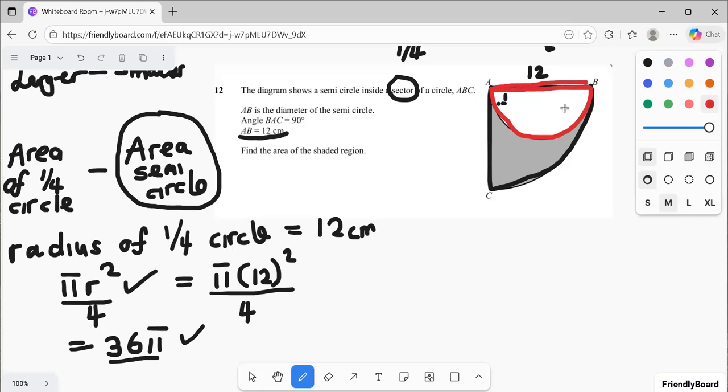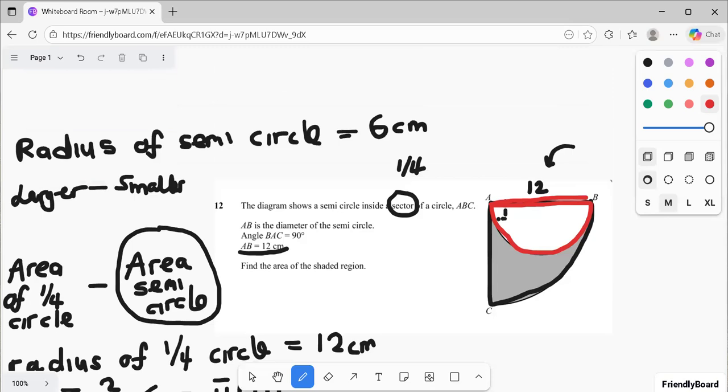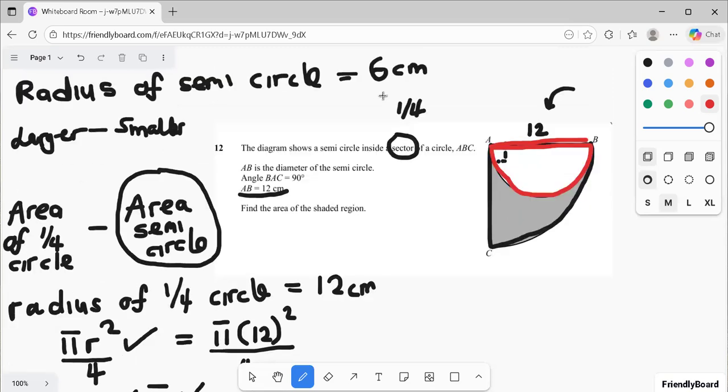So AB is the diameter there. For me to find the radius, I had to divide that 12 by 2. And then I got 6 right here. So I already have my radius. So now it's going to be easy for me to find the area of the semicircle.